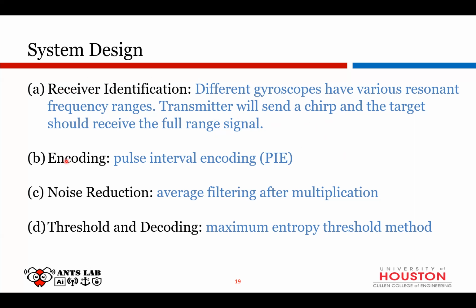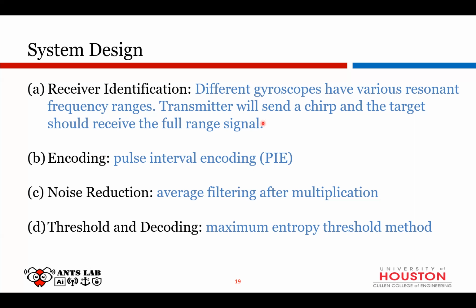And for the encoding, they're adopting pulse interval encoding. That is the use of non-coherent modulation, that is, pulse modulation. Pulse interval encoding just uses the interval between 2 rising edges to indicate bit 1 or bit 0.